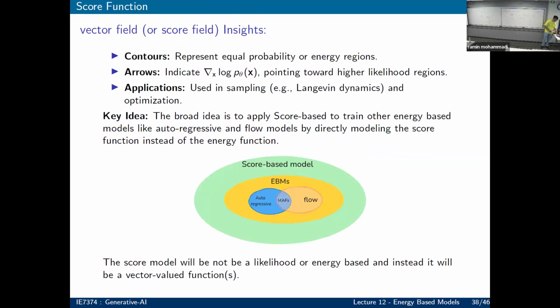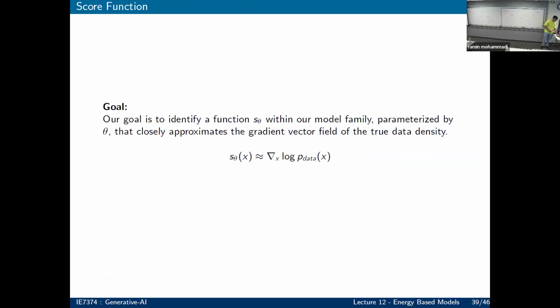Okay, so now what is the goal when it comes to a score function? The goal is that we want to use an S theta, a model, to approximate that. Because we say that we don't know p theta, finding that actual gradient field of p theta is not easy.